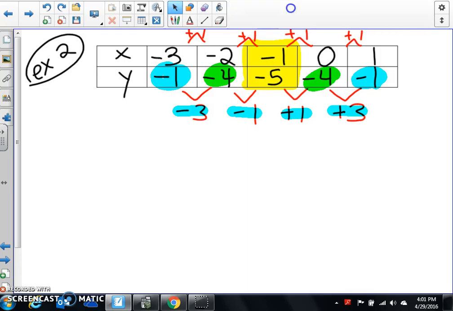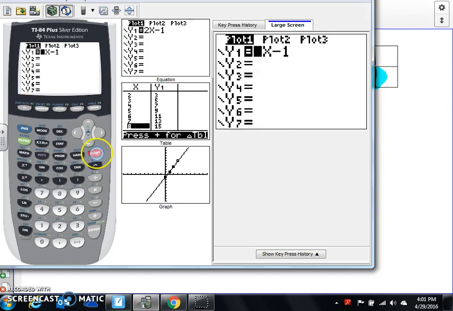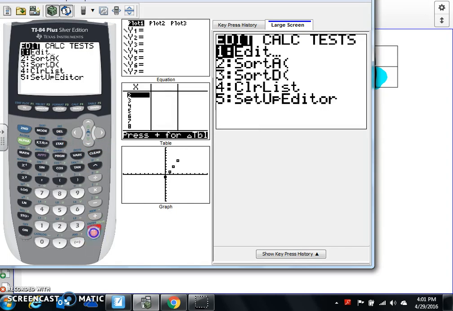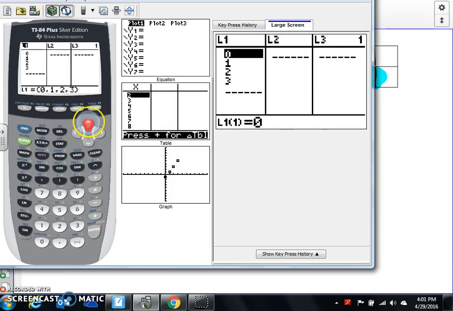But once again, let's go ahead and put it into our calculator just to make sure. So go to your calculator, y equals, clear it out because we don't want that in there. Okay, go to your stat. We're going to edit our list, clear anything up there.